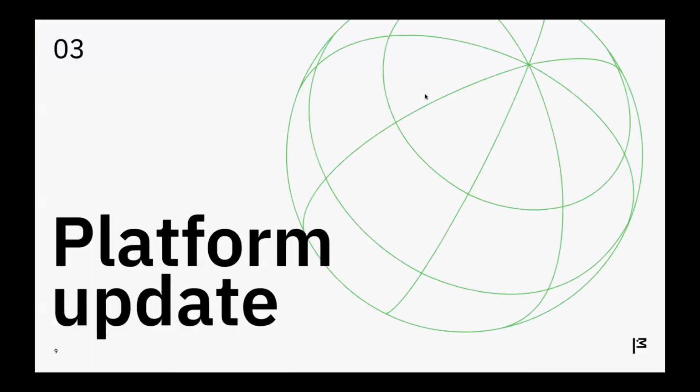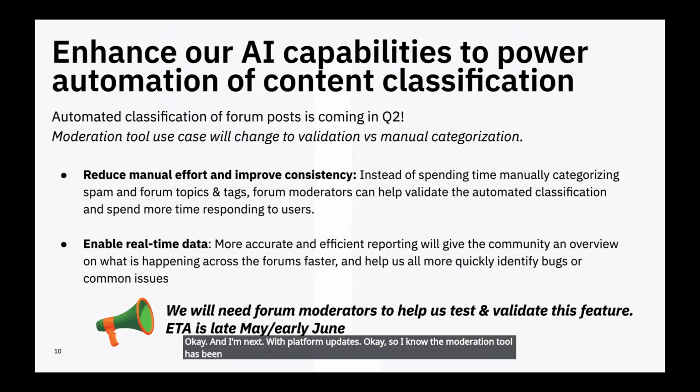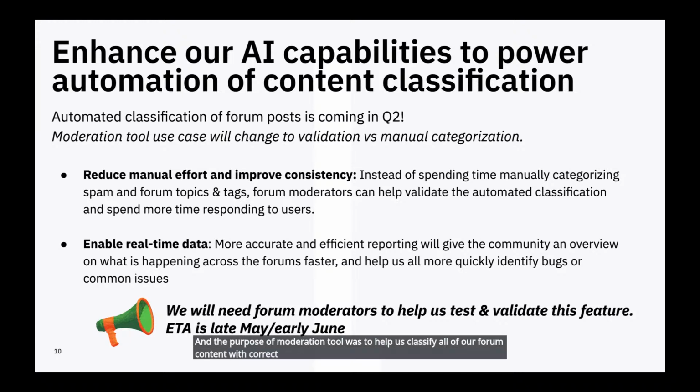Okay. And I'm next with platform updates. I know that the moderation tool has been a very hot topic, and the purpose of the moderation tool was to help us classify all of our forum content with correct topics and tags using our new taxonomy.